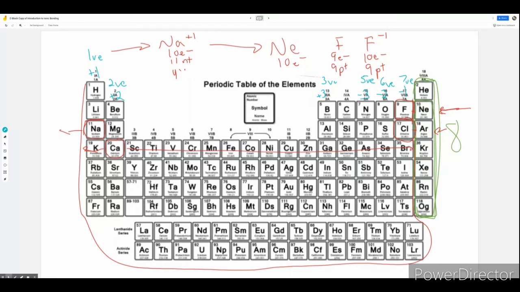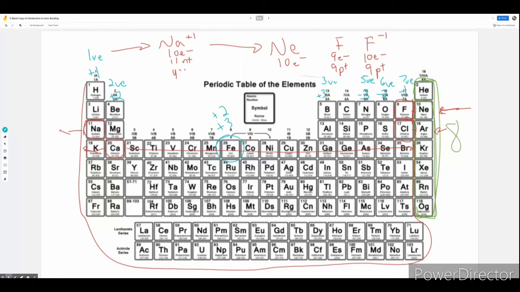Now, there are some exceptions in here, a couple of them anyway. I skipped over the middle part because many of those elements can actually form multiple types of ions, still positive, but different numbers. Like iron can sometimes be +2 or sometimes be +3. We'll talk about that later.